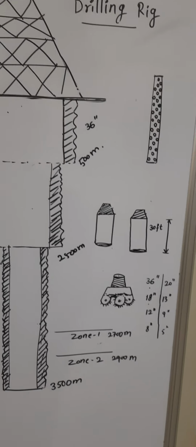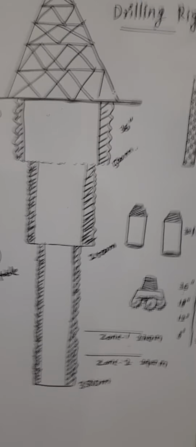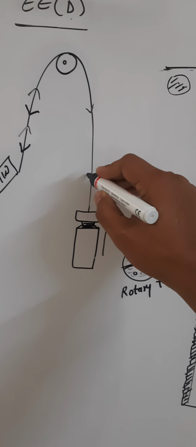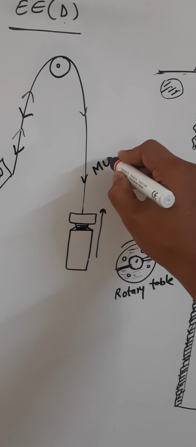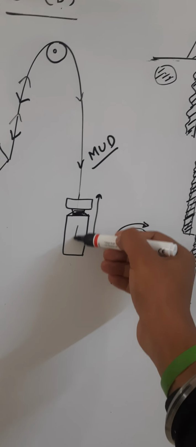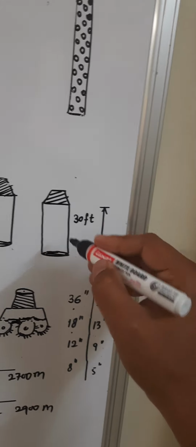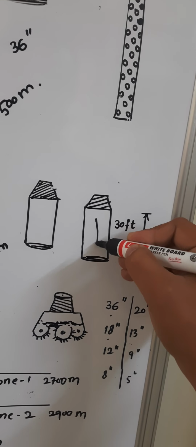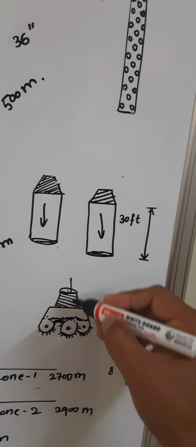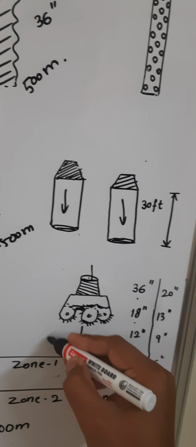So for this, what we do is, these pipes are hollow, and through these pipes we send some mud, a mixture of water and some chemicals. We send that mud through these pipes, the mud comes inside these pipes, then enters the bit, and then from the bit it comes out.